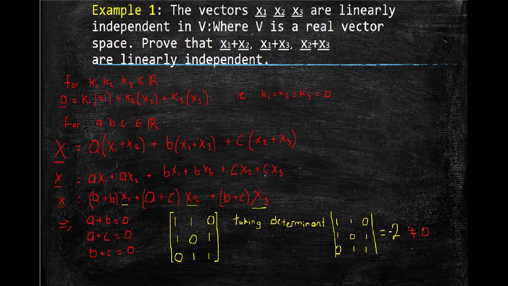So if our determinant was equal to 0, then it would imply that our vectors are linearly dependent.